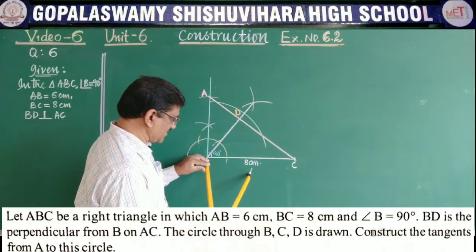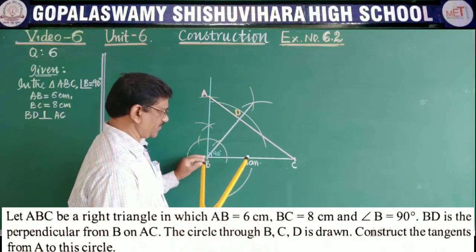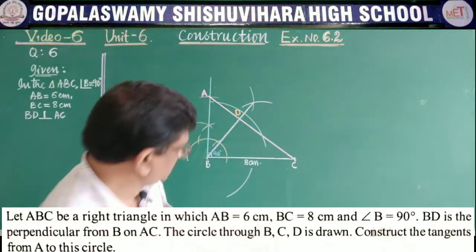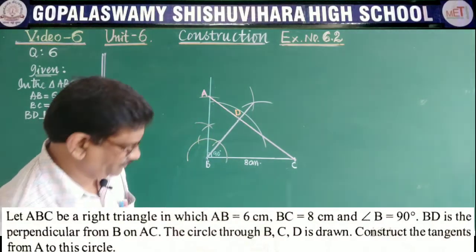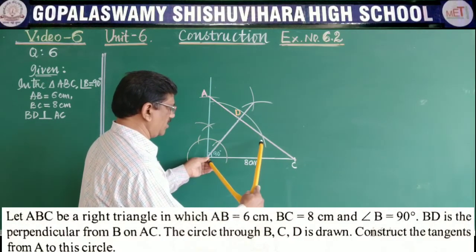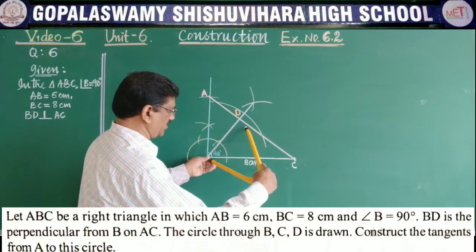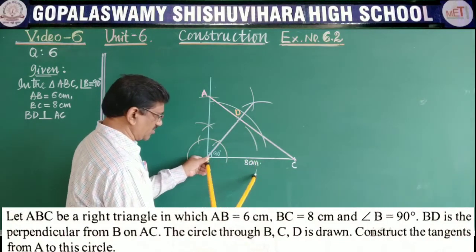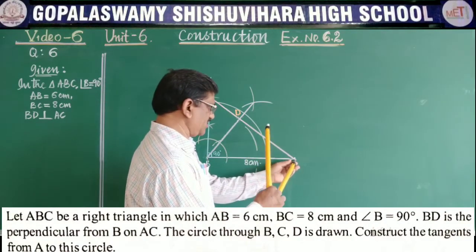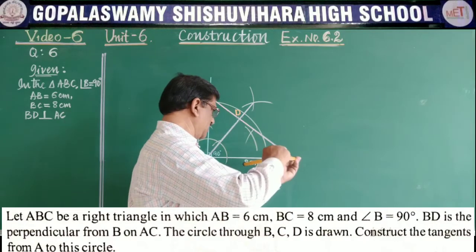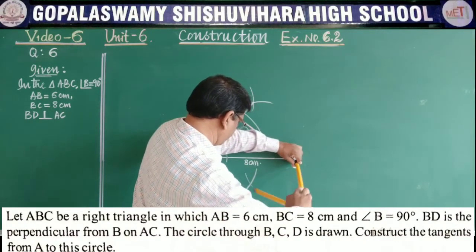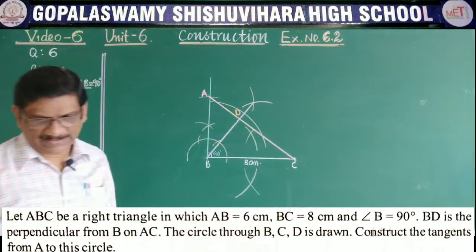With B as a center, I am drawing the arc. Now with C as a center, with the same radius, cut the arcs drawn from B. Okay, join them.